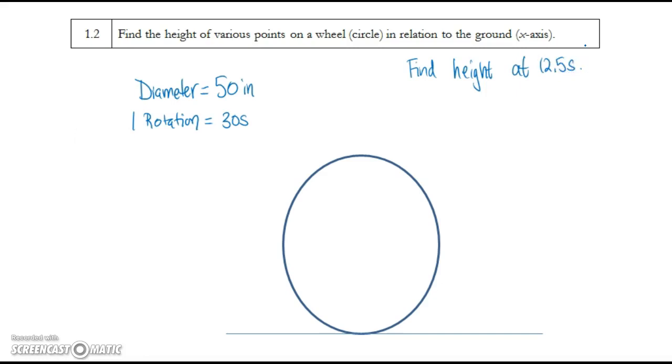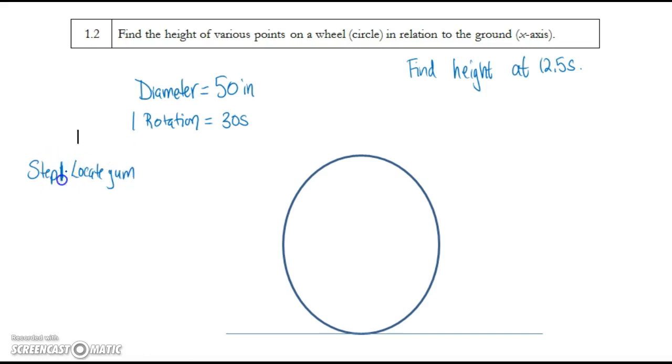So the first thing we have to do is figure out where 12.5 seconds is on our wheel. Then we have to figure out what kind of triangle we're using because of that, and then we're going to figure out the actual height. So step 1 here is find the gum, or locate the gum.